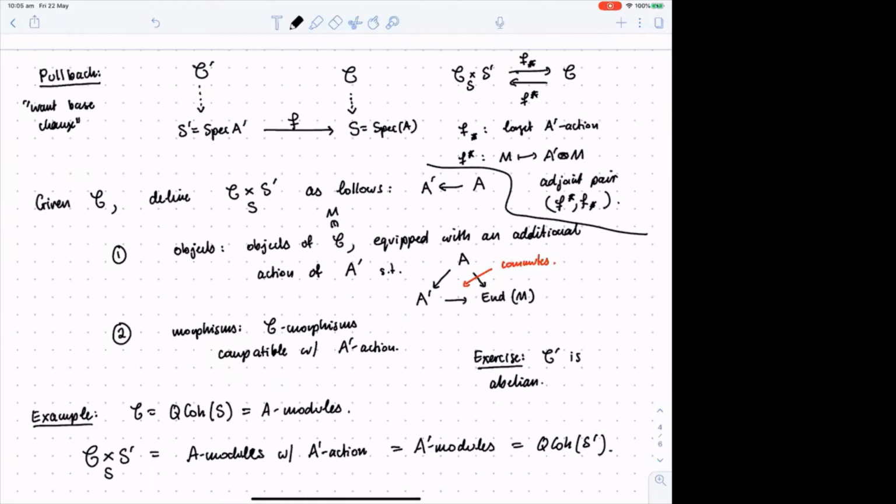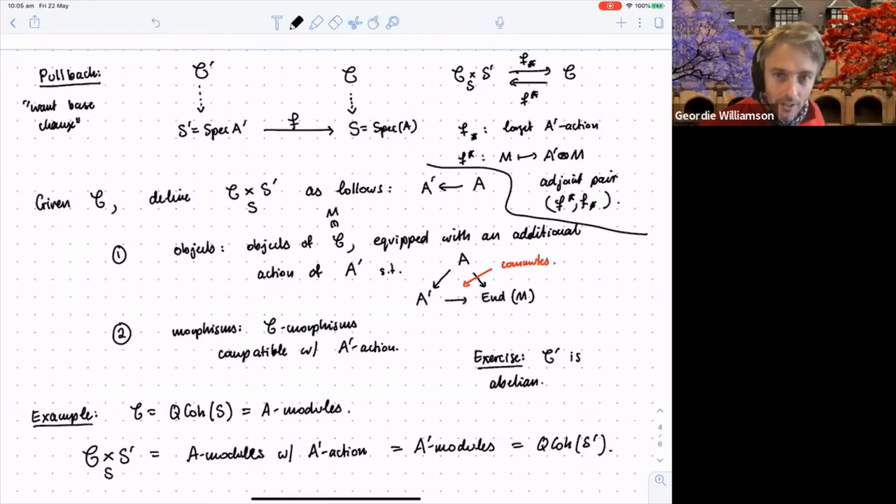What's an example of an interesting A-linear abelian category? Equivariant cohomology of something, I guess. What do you mean?